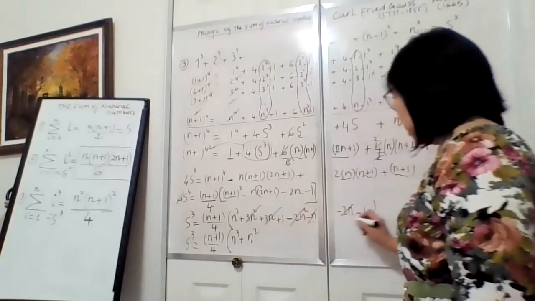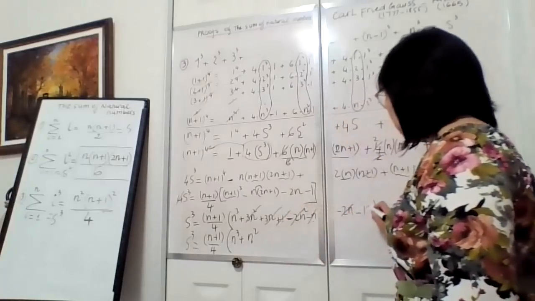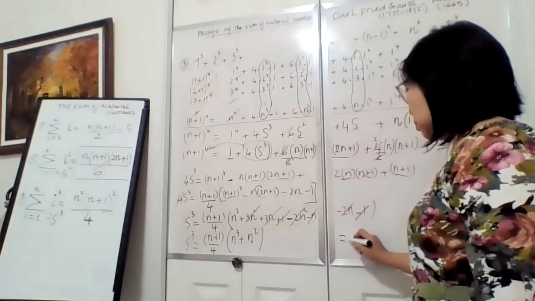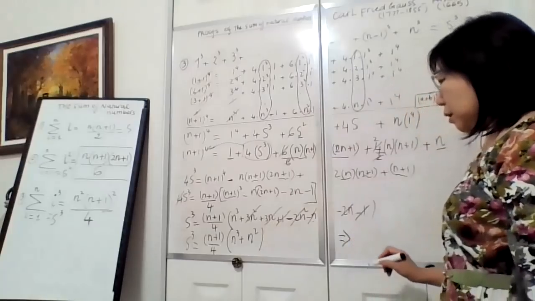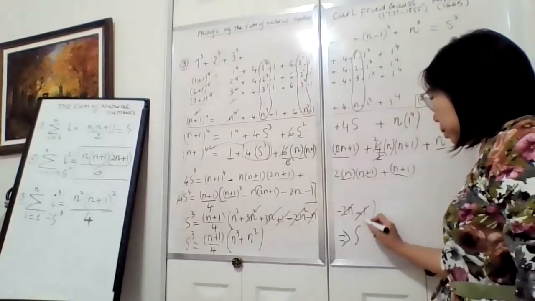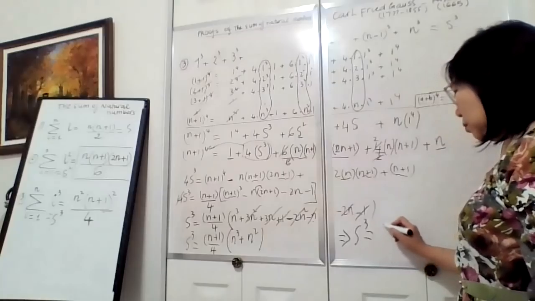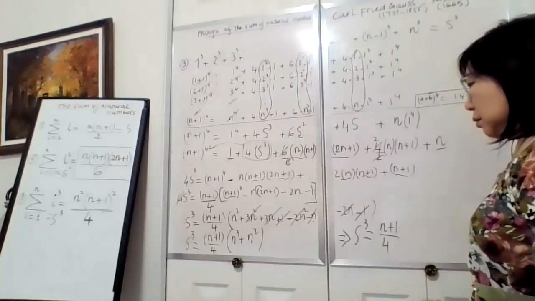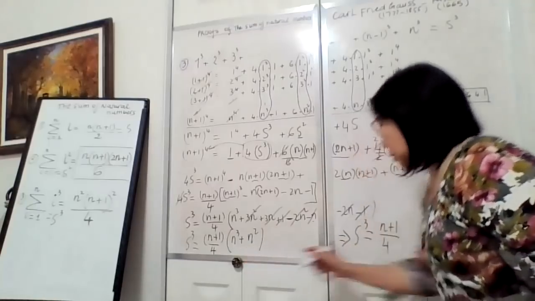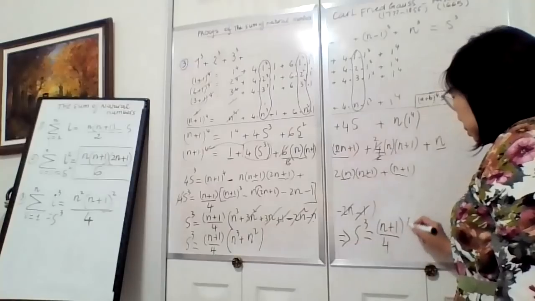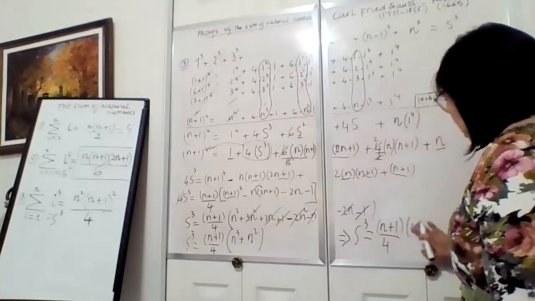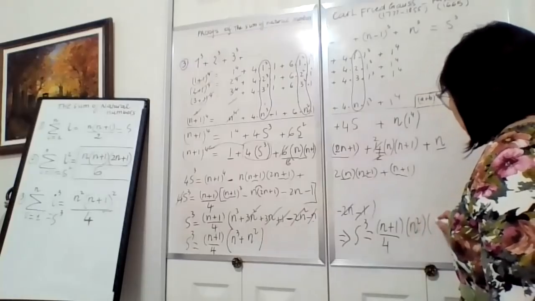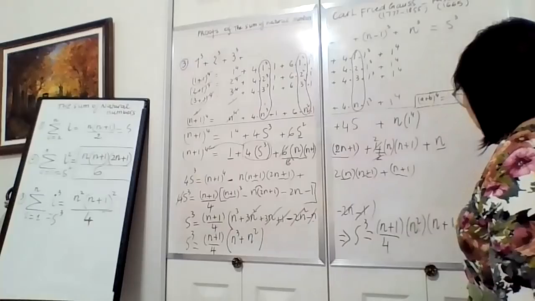And I'm left with 1 minus 1, so that's gone also, and just this. So now I'm going to summarize, S to the power 3 will be equal to n plus 1 over 4. And I'm going to factor out this, right? Times n, times n squared, times n plus 1.